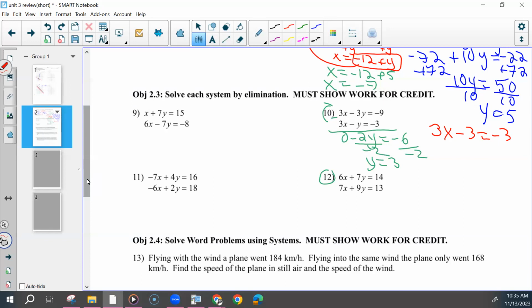Then we're solving that one by adding 3 to both sides and dividing. If you get 0 as part of your ordered pair, that's okay. So our ordered pair for this one will be 0, 3.